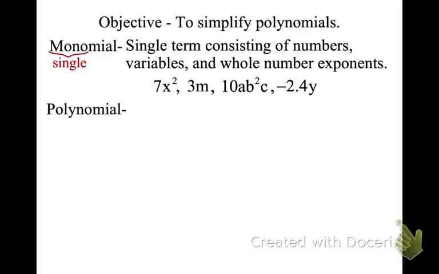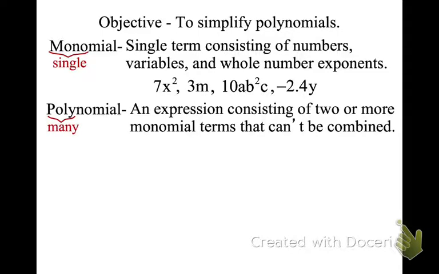Now, monomial means one term, polynomial means many terms, more than one. An expression consisting of two or more monomial terms that can't be combined.